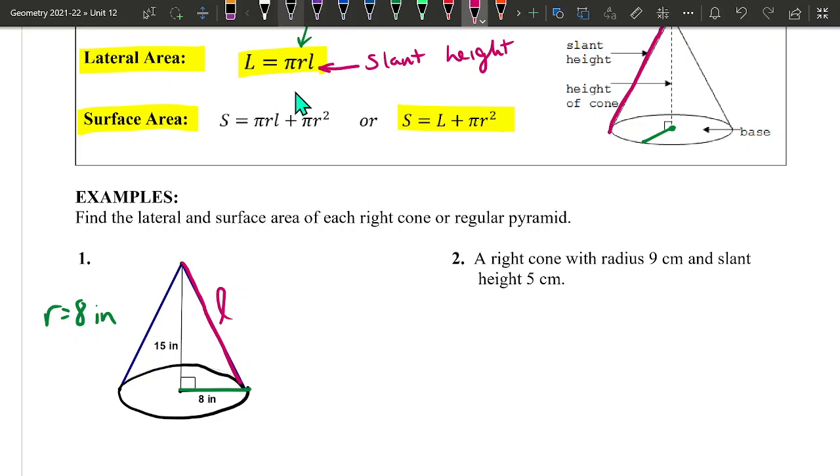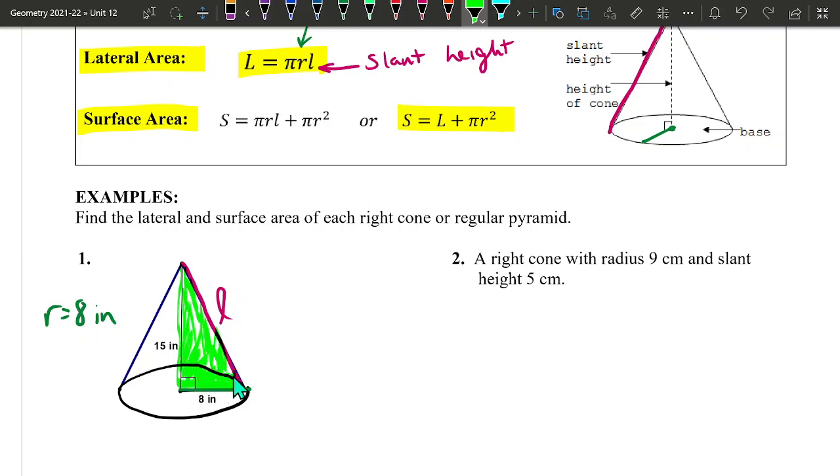All right, so what are we going to use to solve this? What's that shape? It's this one right here. It's a right triangle inside, right?